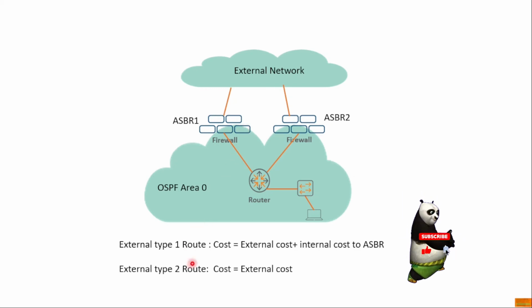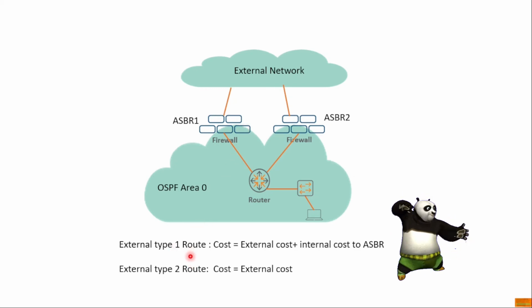So external type 1 route is not suitable for this because it has combined cost of external and internal. Therefore need to define the external type 2 routes in both ASBRs so that external cost is same in both ASBRs. Then define different initial cost value for each ASBR so that lower cost path will be preferred as primary for a particular external route.